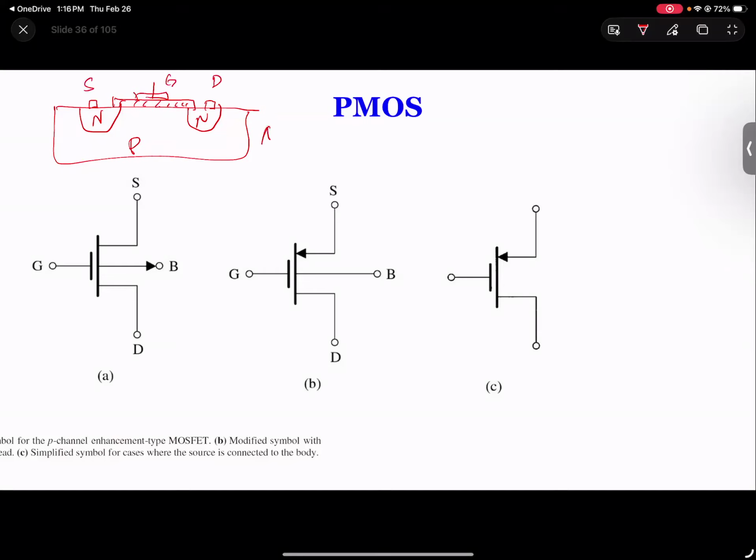And that's NMOS. And then for PMOS, we have basically n-type material, and you flip this.